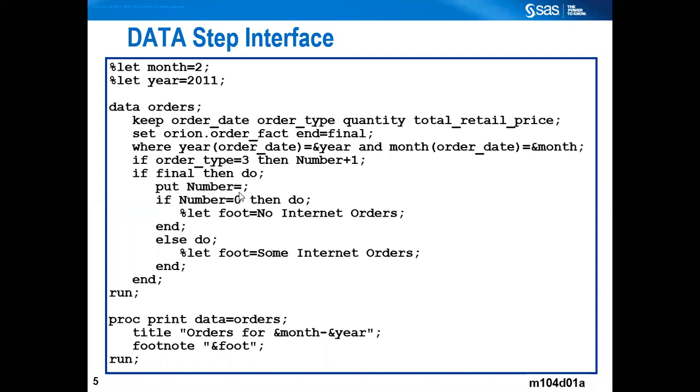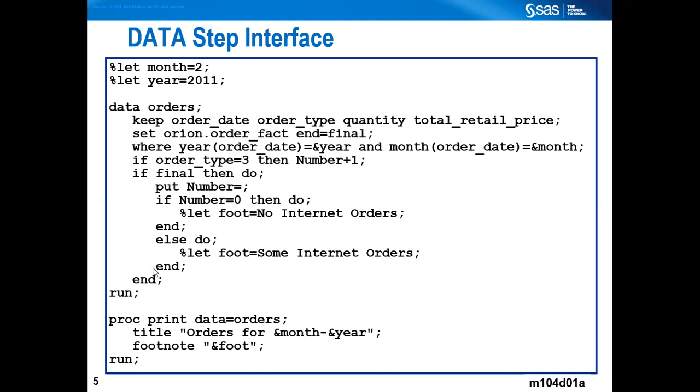Because this number will increment only when order type is 3 in your input data. Then you are writing then do to create a macro variable foot, no internet orders. Else do, foot is some internet orders. This end is for else do, whereas this end is for, sorry, the outer then do.